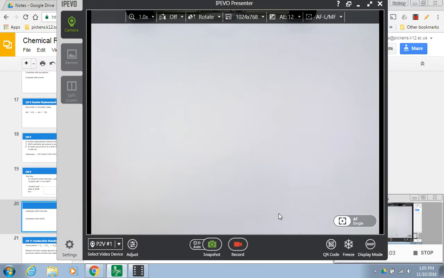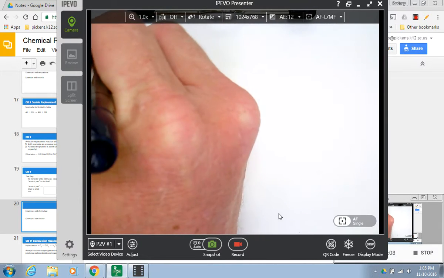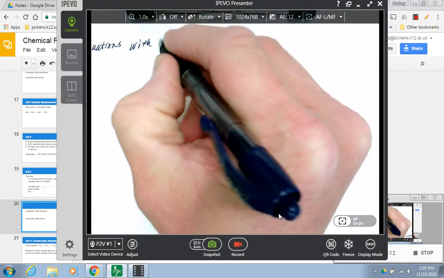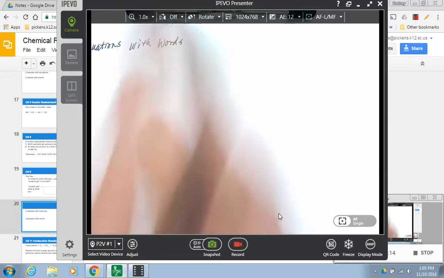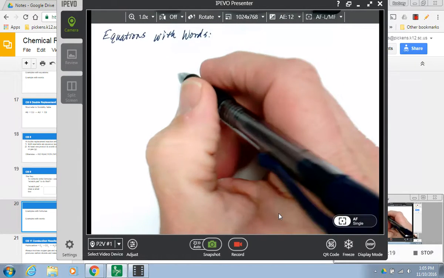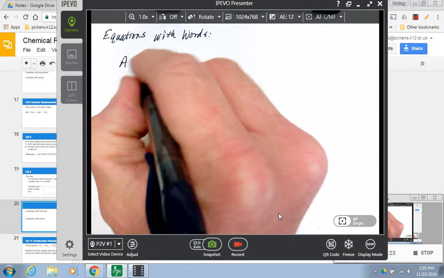All right, so let's take a look at some equations with words. You need to be able to do these as well. We're going to go from the words, and we're going to make them formulas. So let's say we have a sodium iodide solution. Copy this down in your notebook.